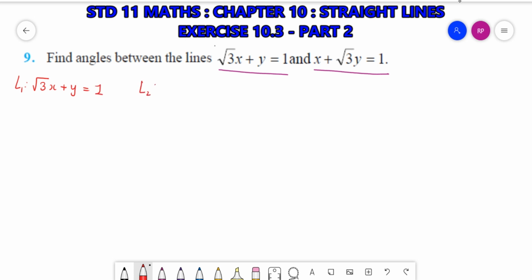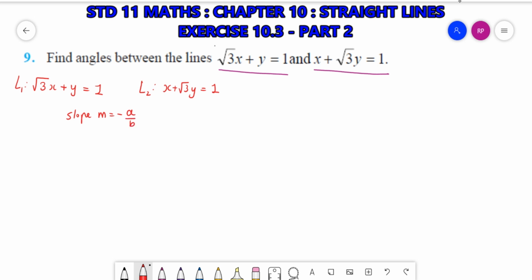The other line given is x plus root 3y equal to 1. Now the formula for slope: if ax plus by plus c is equal to 0, then the slope of the line m is equal to minus a by b.